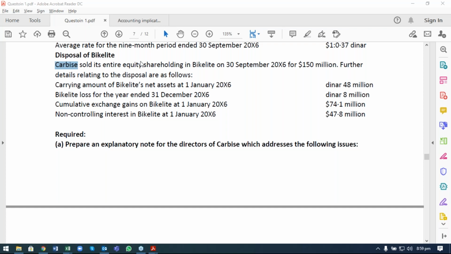So the parent tells the NCIs, this is the total share of your profit and loss account and your other comprehensive income. I'm not going to bifurcate profit and loss account and other comprehensive income for you. I'm going to tell you this is the total share of yours, including both profit and loss account and other comprehensive income. So for NCI, we are not bifurcating between other comprehensive income and profit and loss account.